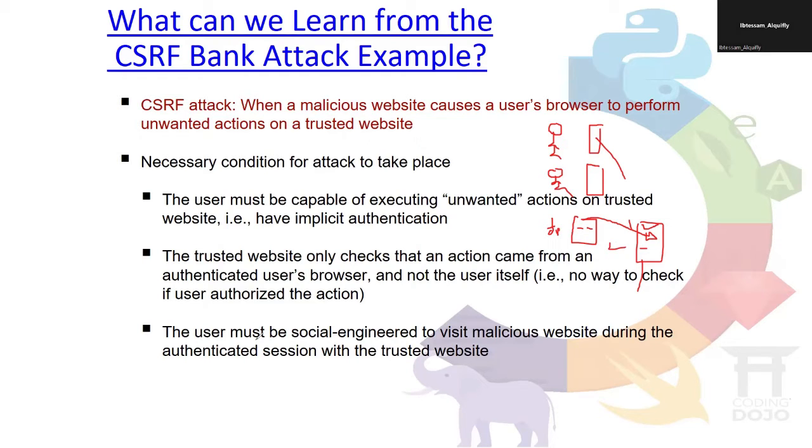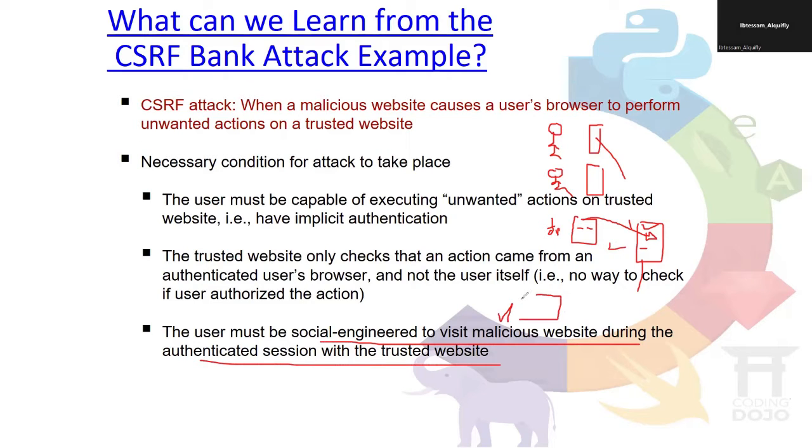Okay. Also, one of the conditions required for this attack to take place, and I mentioned it at the beginning of the lecture, is that the user must be socially engineered to visit a malicious website during the authenticated session with the trusted website. So this is definitely a condition. Why?